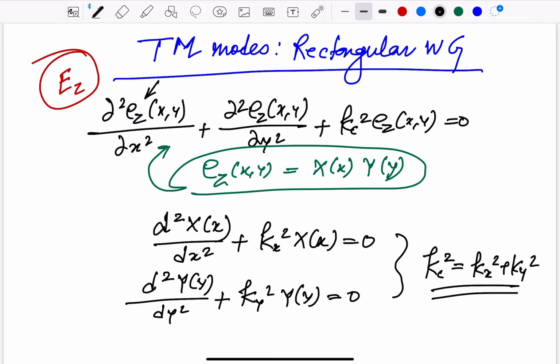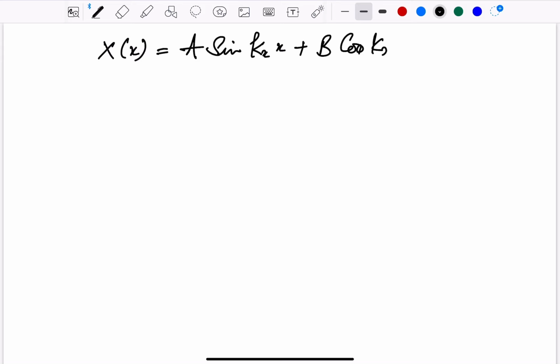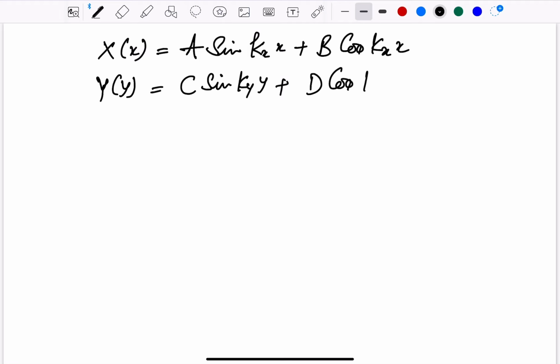Now if you see, each differential equation depends on a single variable. Writing the solution is quite easy. Once again, as we saw previously, we can write the solution for these two differential equations as X(x) equals A sin kx x plus B cos kx x, and Y(y) equals C sin ky y plus D cos ky y.